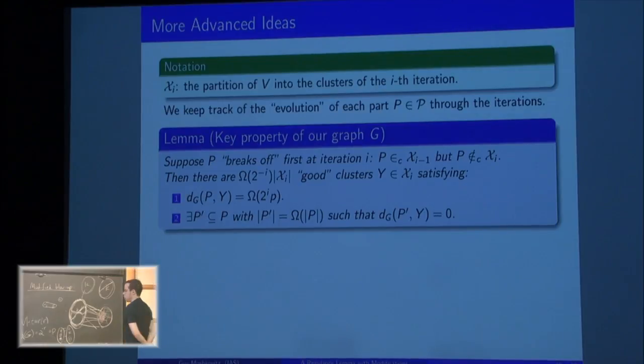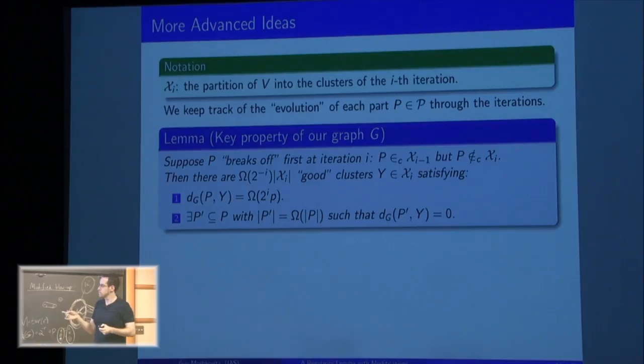This is tricky to prove for various reasons. One reason is that at iteration i, P might have vertices all over the place in various clusters from previous iterations. I'm going to need to collect many of them and argue that for a constant fraction of them, I can say something about the density between them and a nice cluster.